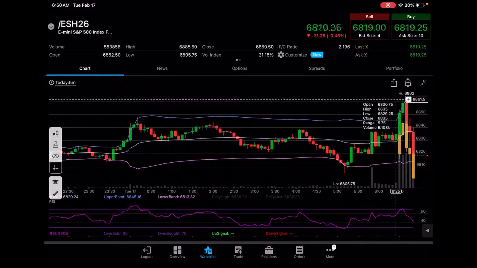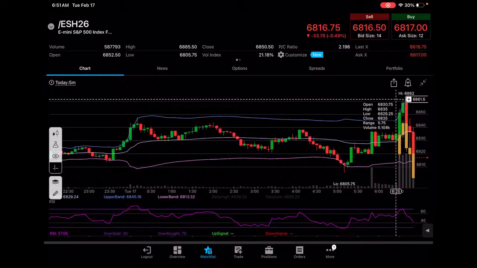Now, the true demand zone is 6794 to 6810. That's the institutional buy origin, okay? So price goes there, they'll buy at a discount. So will we. So that's our institutional supply and demand zones.